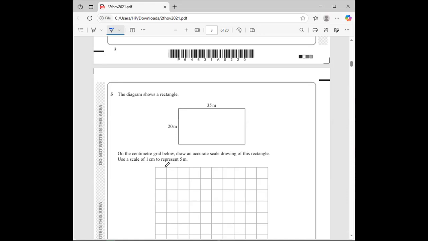So that means 7 of these small squares will represent it. If I start drawing from here, that's going to be 1, 2, 3, 4, 5, 6, 7. So that's going to be somewhere here. I'll do my best to draw that line straight.